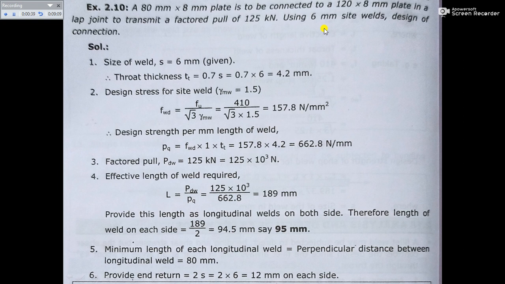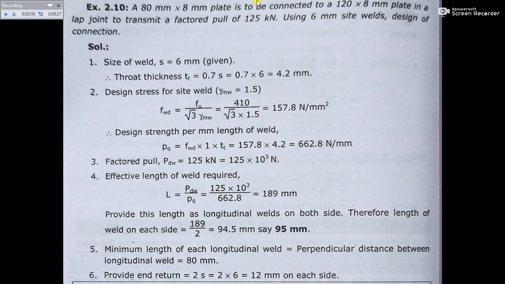Here we are taking one problem: an 80 mm into 8 mm plate, that is 80 mm is the width of the plate and 8 mm is the thickness, is to be connected to a 120 into 8 mm plate.